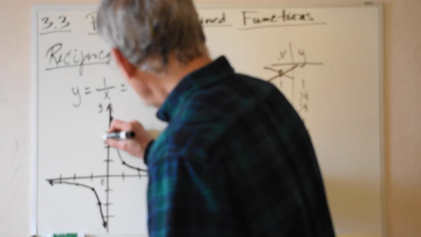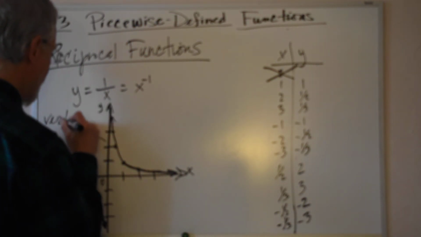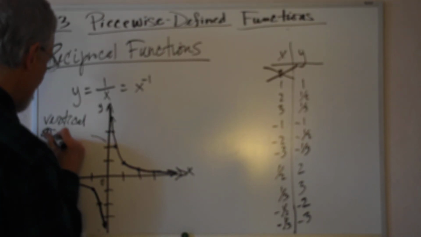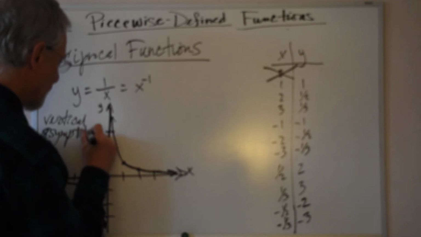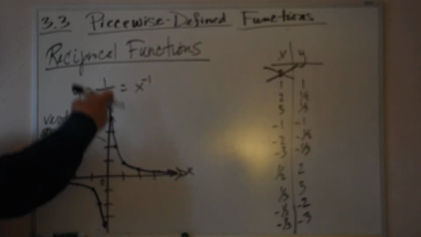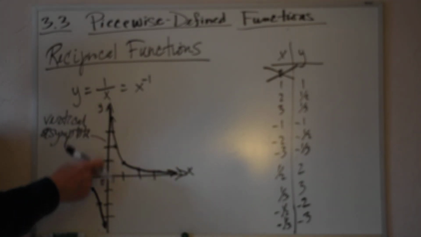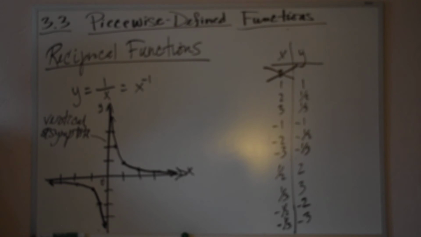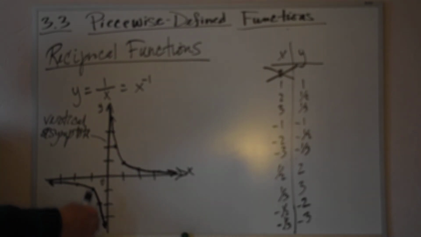So in this case we say the y-axis is a vertical asymptote. It's a vertical line that a curve approaches but never touches. So for this function here, its vertical asymptote is the y-axis.